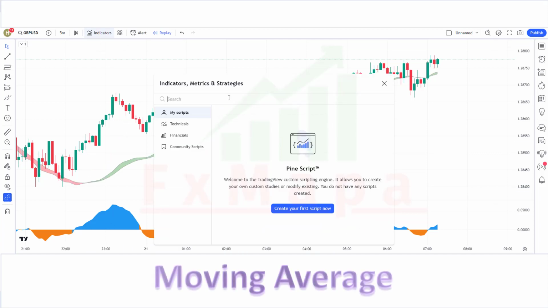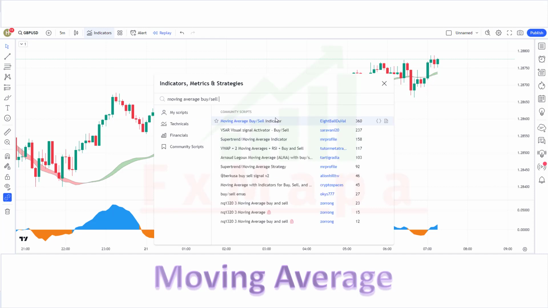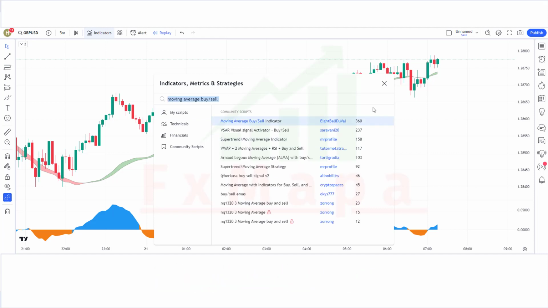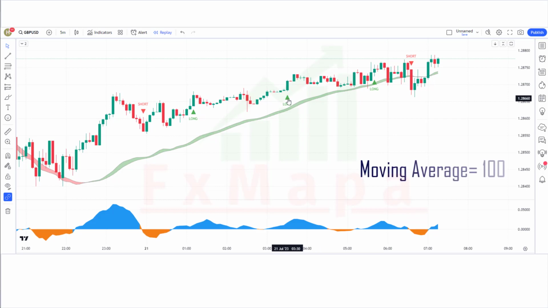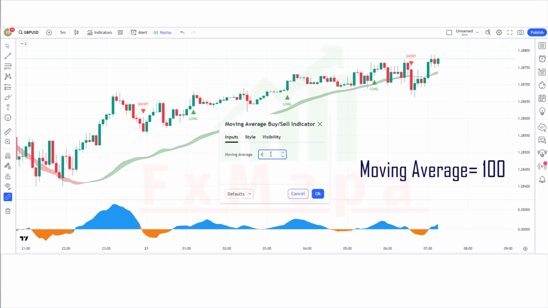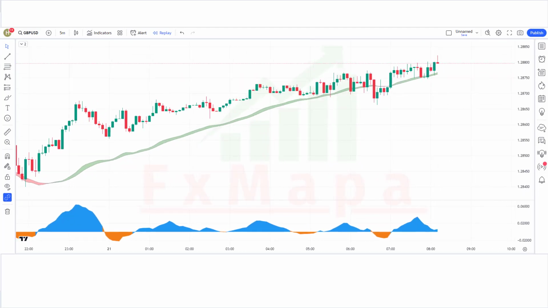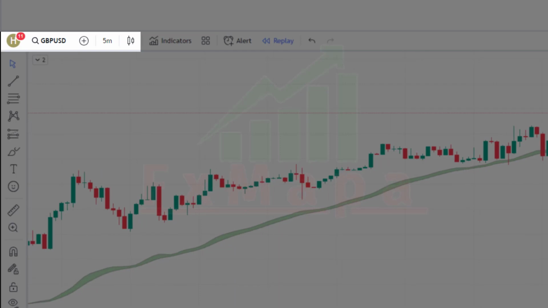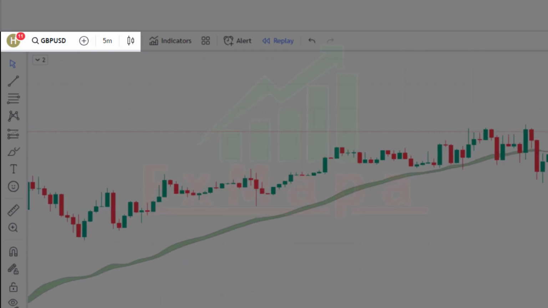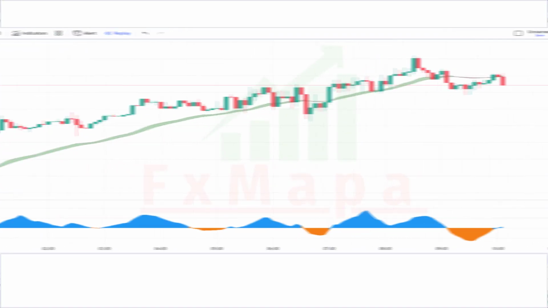Third indicator name is moving average. Keep the indicator settings as I have shown here. Setup is ready. We are going to test this strategy on the 5-minute time frame in the GBP USD chart.